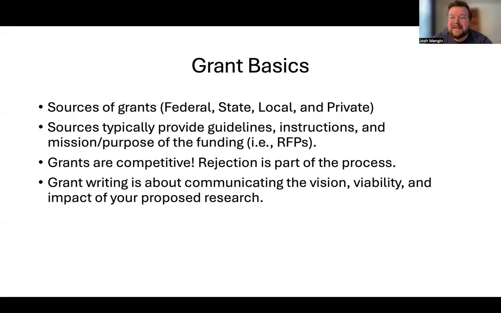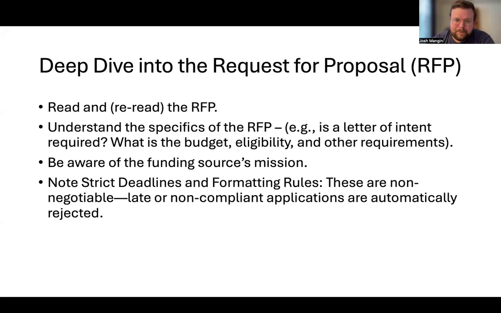The viability is how possible it is to make that vision happen. And then if that vision occurs and happens, what's going to be the impact of that research? So that's what we are talking about. We're talking about how do we communicate our vision when we go for grants.